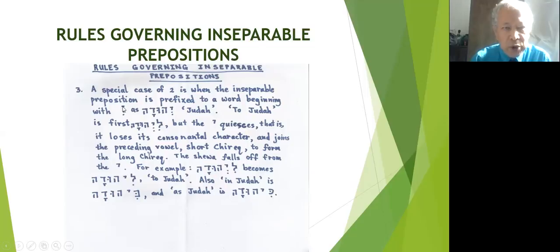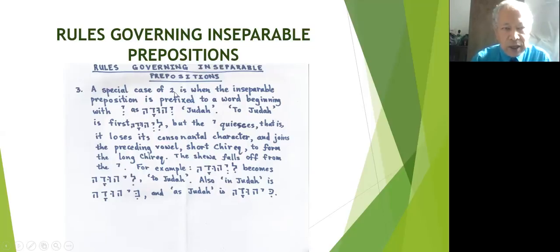Remember that yod is one of the letters in the Hebrew alphabet that under certain conditions becomes quiet so that it is not pronounced. And whatever vowel or whatever schwa might be under it also disappears.